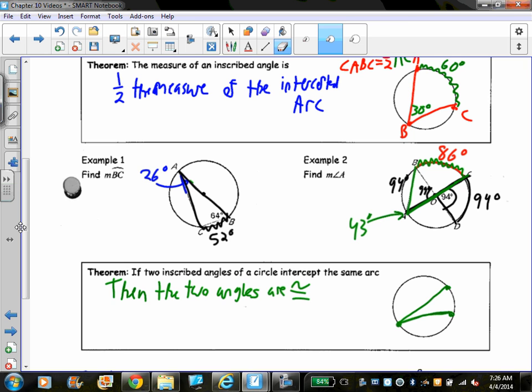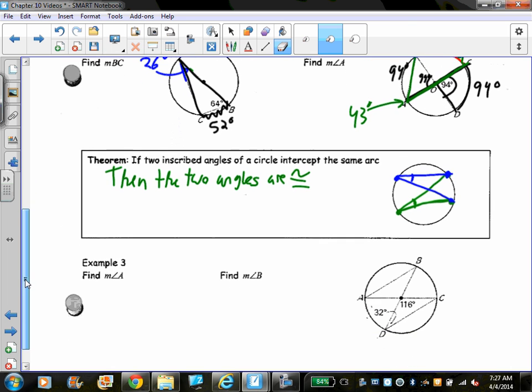If we draw another one that has the same endpoints, but a different vertex, like this, then what that means is that this angle here, the one creating that intercepted arc, has to be the same size as this angle here. Because if they weren't the same size, then they wouldn't be able to have the same endpoints. So, they do have to be congruent, otherwise this whole thing kind of breaks down, doesn't make sense.